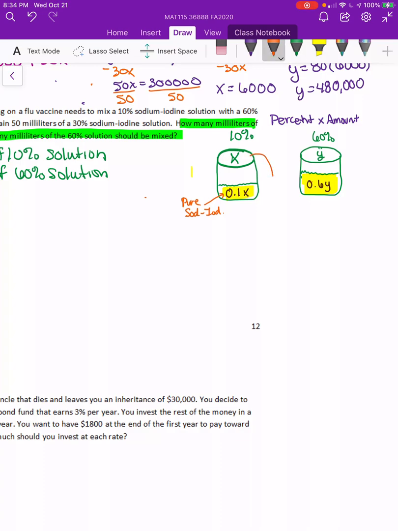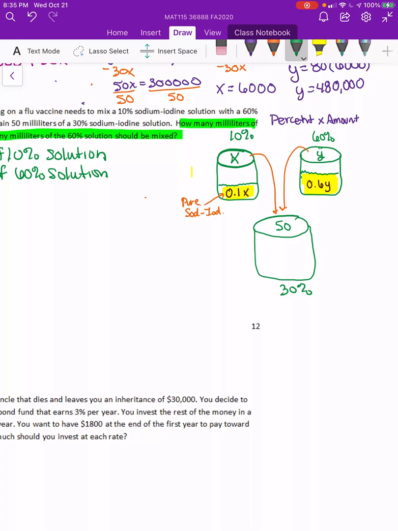Now, what we're going to do is take the whole liquid and pour it together into this bigger container. And in this bigger container, they tell us in the problem that we want to have 50 milliliters, and this is going to be a 30% solution. So it says we want to have 50 milliliters of a 30% solution.